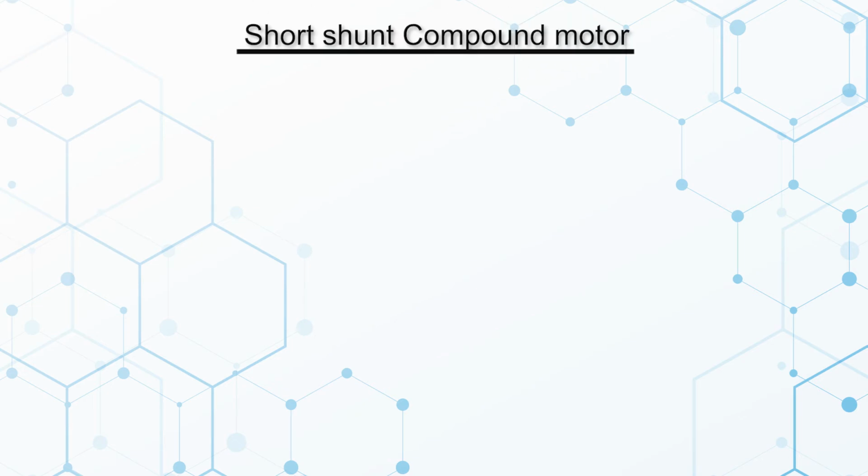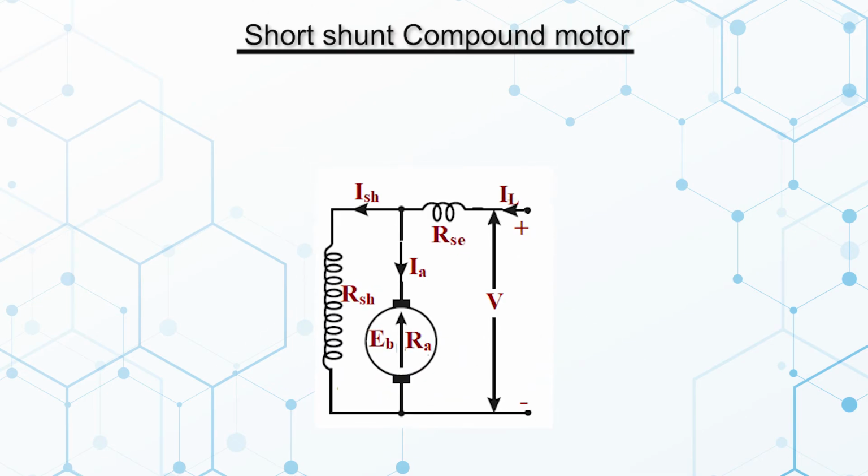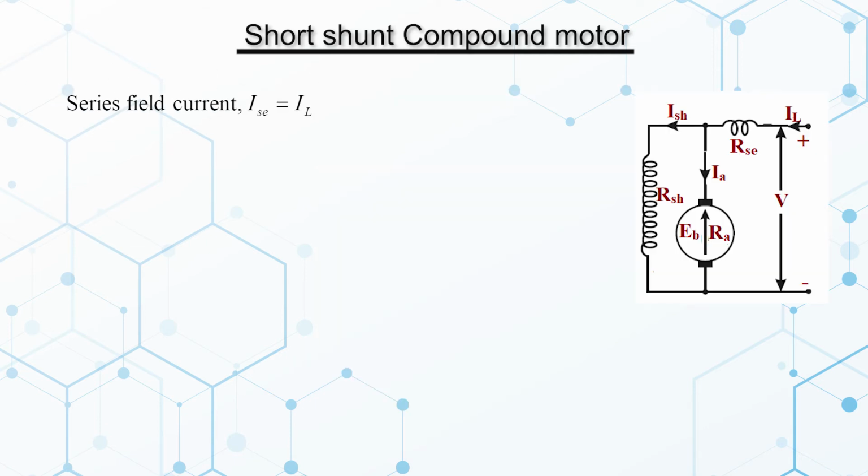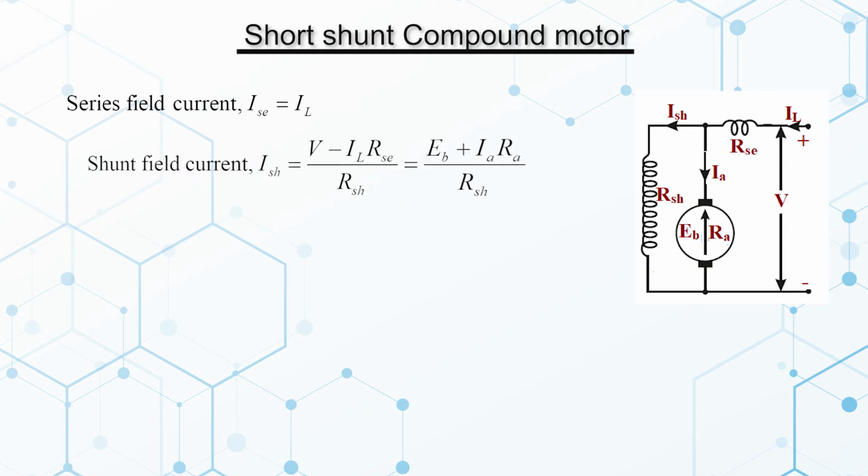Now we are going to discuss the short shunt compound motor. Here you can notice in the figure that the shunt field winding is connected in parallel with only the armature winding. So in the case of a short shunt compound motor, the series field current ISE is equal to the load current IL. And what is the value of the shunt field current ISH?